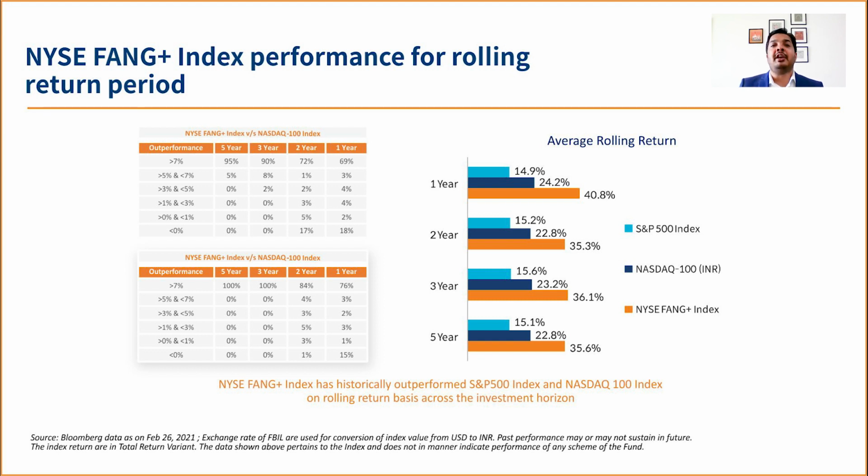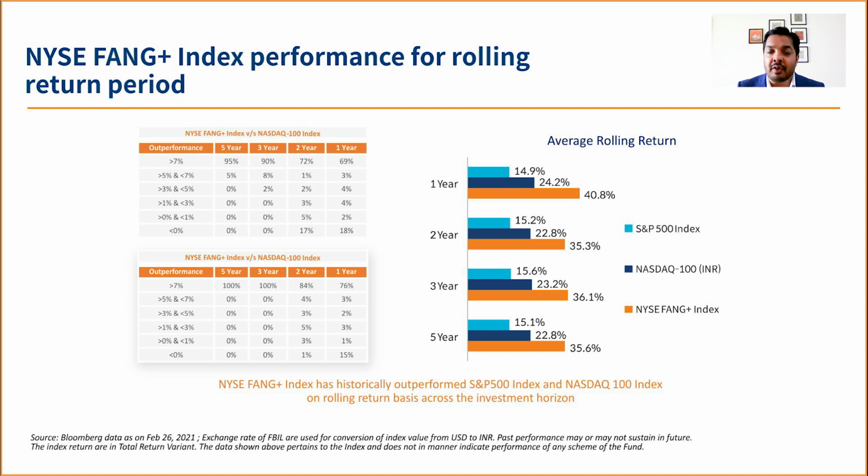Even when we are looking at rolling returns, and what do I mean by rolling returns? Rolling returns tell you that if you would have invested for X years, how much returns would you have generated on an average in a particular investment vehicle. Now let's see what would have happened if you would have invested for 3 years in a FANG Plus index versus for a similar period in a Nasdaq 100 index.